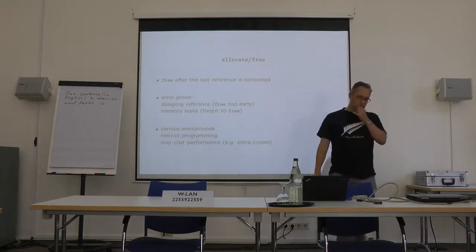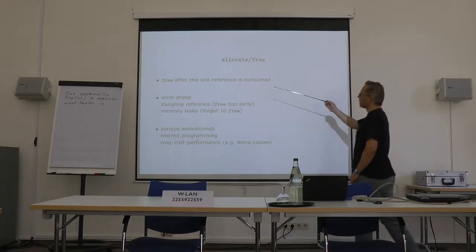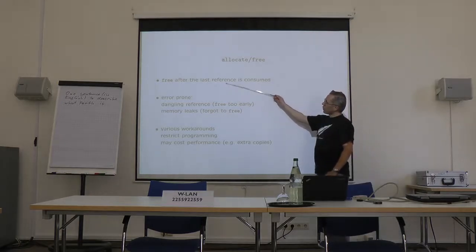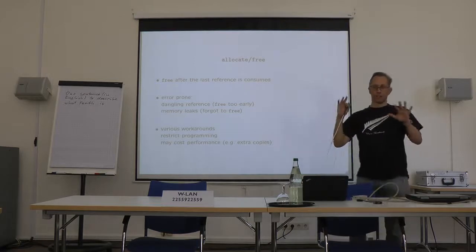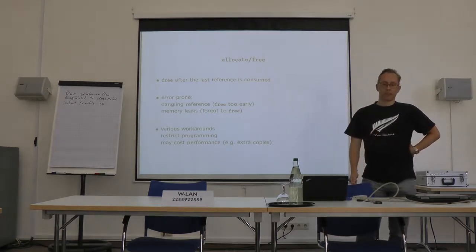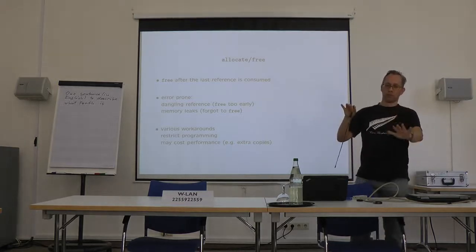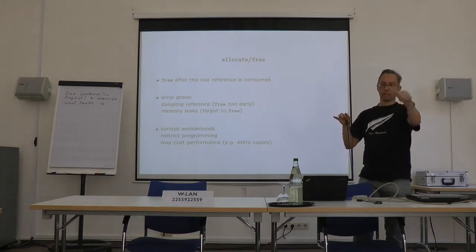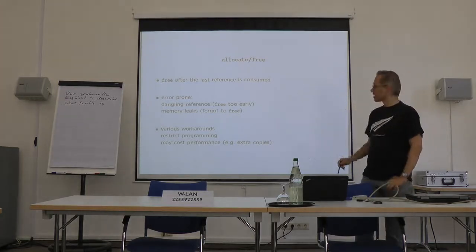For example, one way to know when the last reference is consumed is to make extra copies. So you know that this original copy now no longer has a reference, and the other copy has a reference, but this is managed in a separate way.